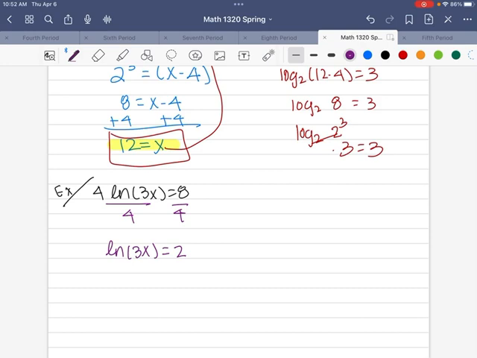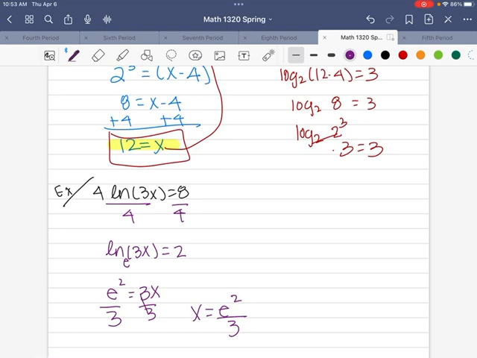So then remember that the natural log has a base of e. So we can rewrite this logarithmic form into an exponential form. So just like we rewrote the other one, we can say e squared equals 3x. And then we can solve for x by just dividing by 3. And we get that x equals e squared over 3.